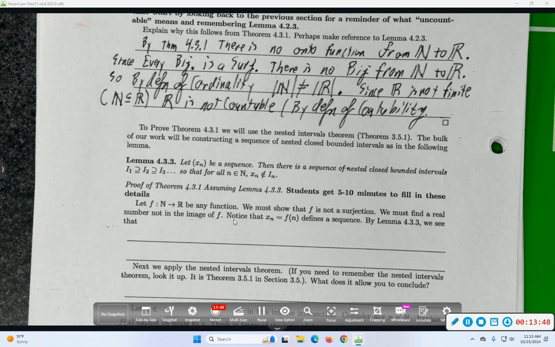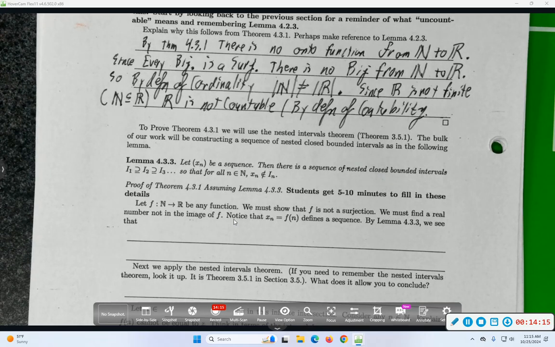So, this gives us a strategy. The strategy is going to be, let's find a sequence of intervals which tries to zoom in on a candidate value that's not going to be in the image of the sequence. So, the bulk of the work is going to be filling in the details of this lemma.